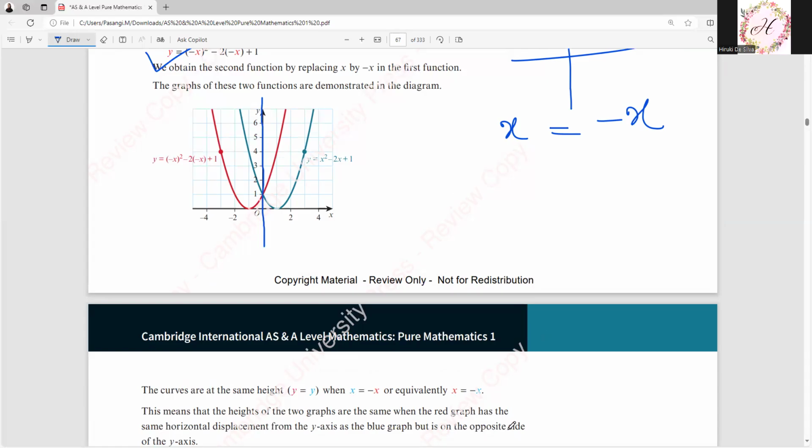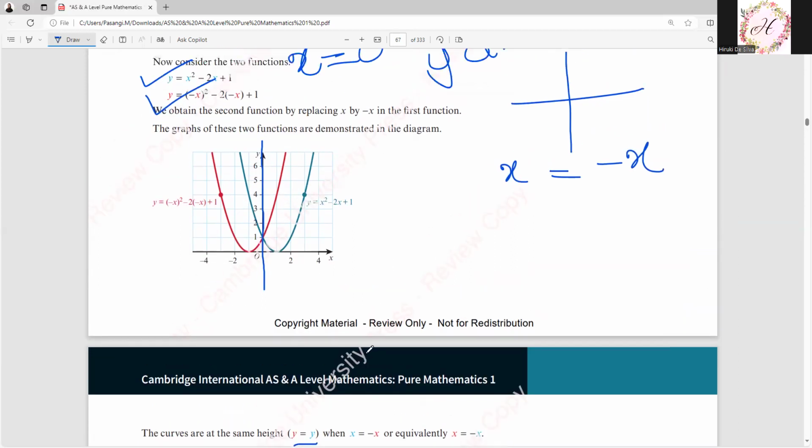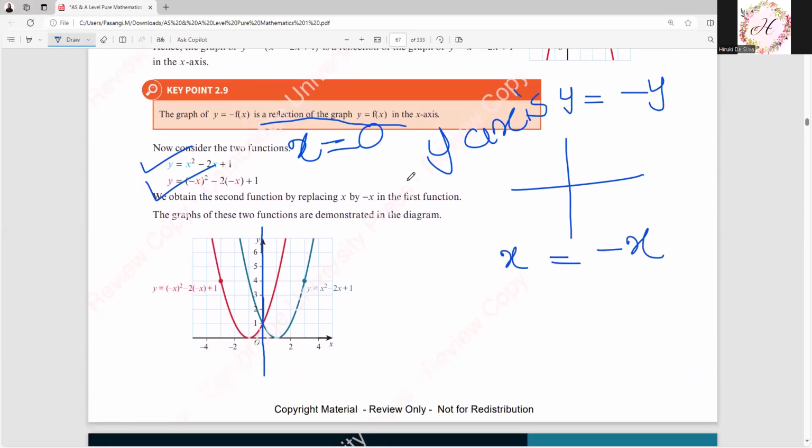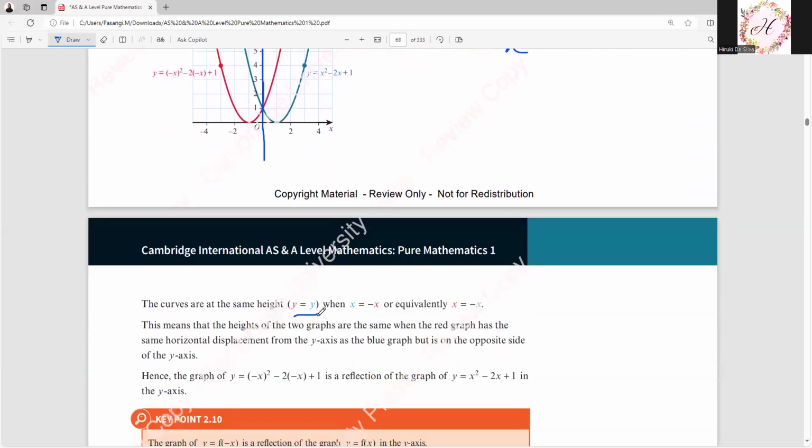The opposite side of the y-axis, and the curves are at the same height. Earlier the x values were equal but the y values changed. But here, y values are equal, but the x values are opposite. That means x is equals to minus x. That's how the relationship works.